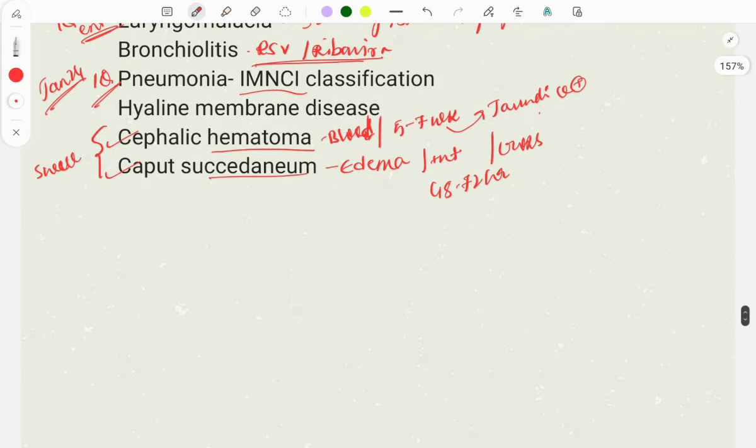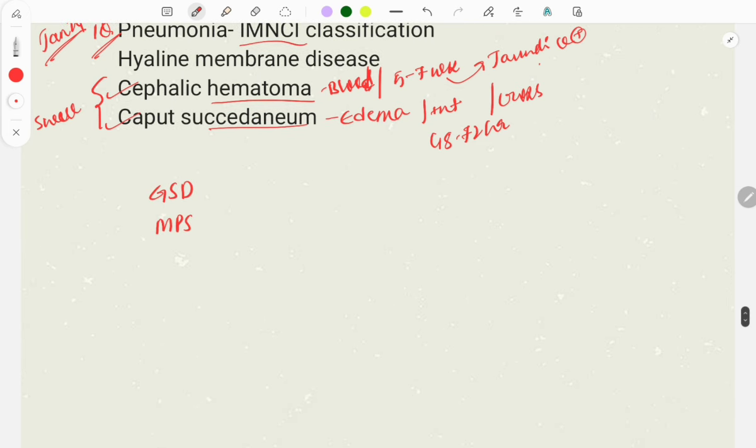There are other important topics also, like glycogen storage disease, mucopolysaccharidosis, and genetic disorders like Down syndrome and Turner syndrome.